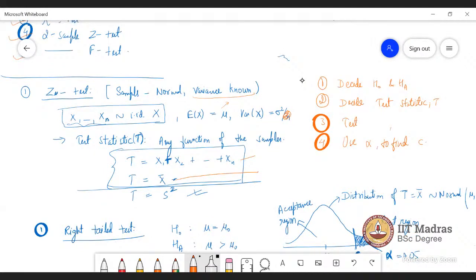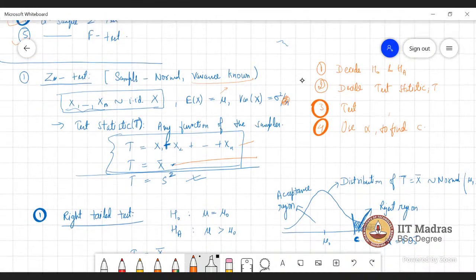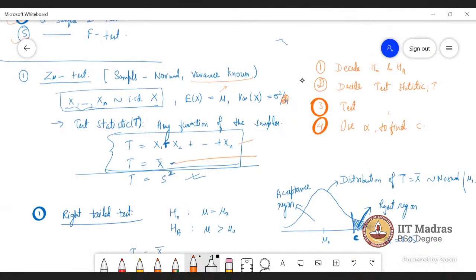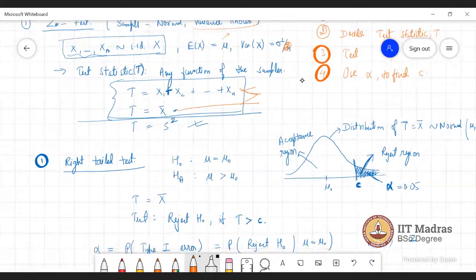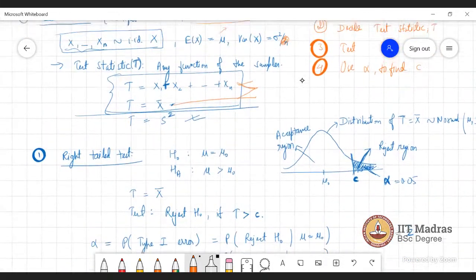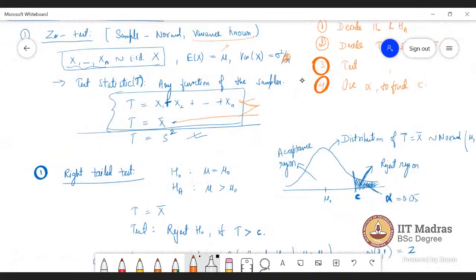So once you have decided your null hypothesis and alternative hypothesis, and in case of Z-test, where you're testing for the mean, you can take any of these 2 test statistic, either the sum of the random variable or the sample mean. You have 2 different kind of tests. One is one-sided test, and other is two-tailed test.